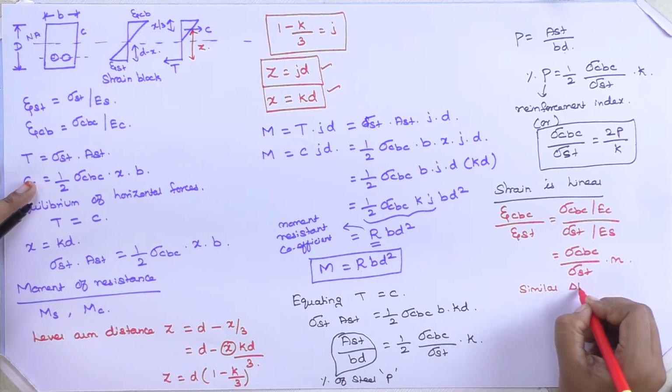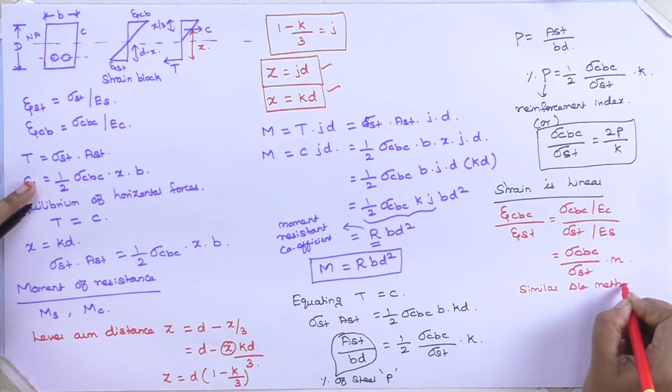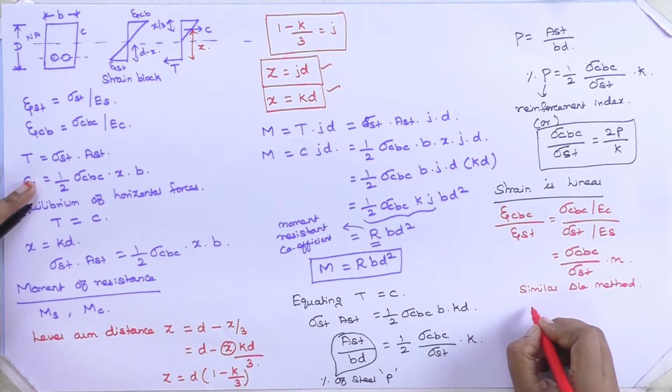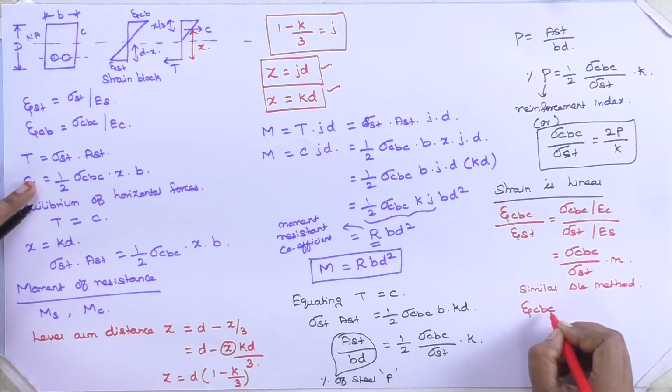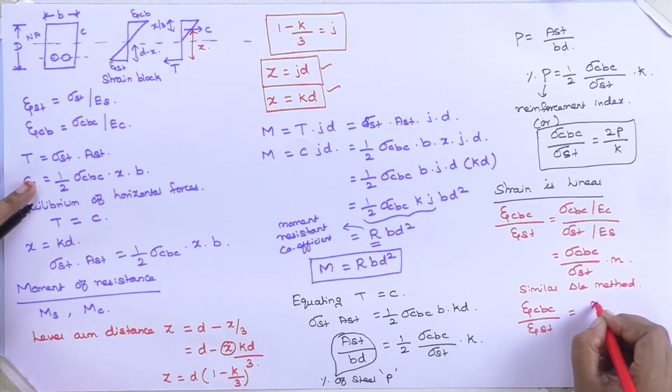Similar triangle method. Epsilon CBC divided by epsilon ST is equal to x divided by d minus x.